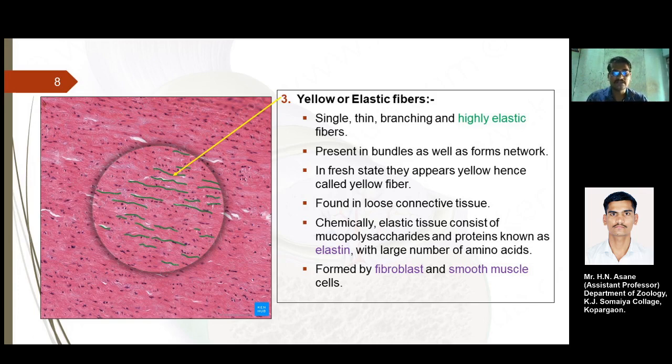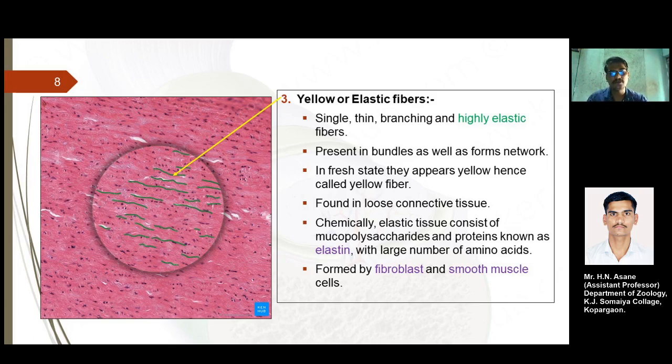Chemically, the elastic tissue contains mucopolysaccharides and proteins known as elastin. So elastin is a protein which is elastic in nature, and it gives elasticity to the tissue itself.